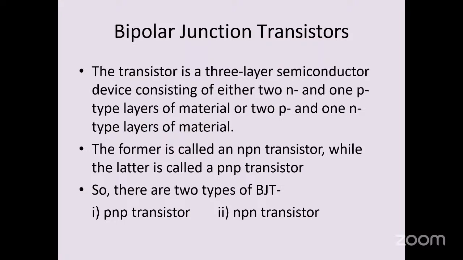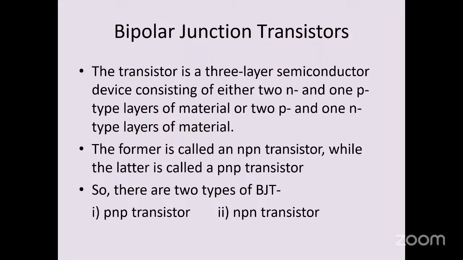This form is called an NPN, and the other one is the PNP transistor. So there are two types of BJTs, bipolar junction transistors: PNP transistor and NPN transistor.